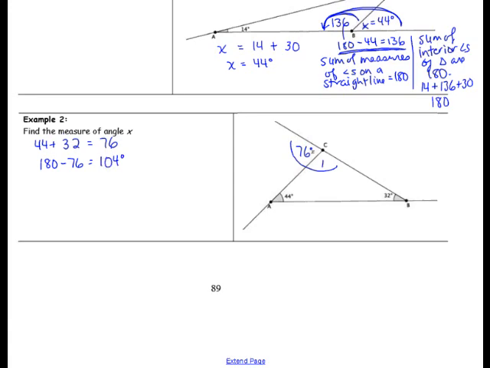Then, since this is 104 degrees, I know that the three interior angles will need to add up to 180. So 104 plus 44 plus 32 equals 180 degrees, which is also the sum of the straight line, 76 plus 104. Again, this is the straight line, and on the right we have the triangle interior angles equaling 180 degrees.